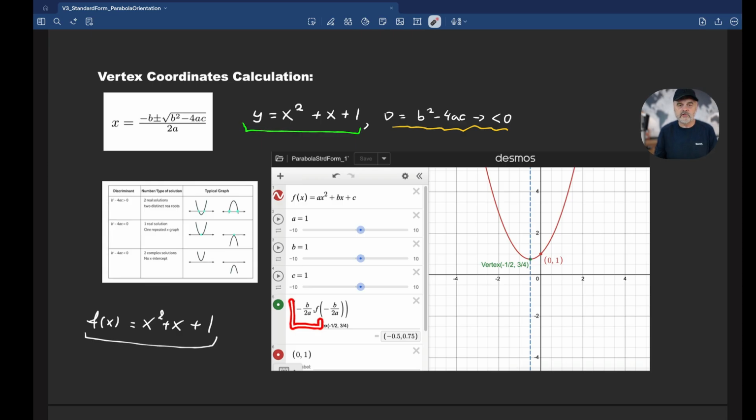So this is how you find the vertex, and the y coordinate is found by plugging that x value back into the equation. So this is the parabola that opens up. The coordinates of the vertex are given by finding the value of x first and then the value of y.